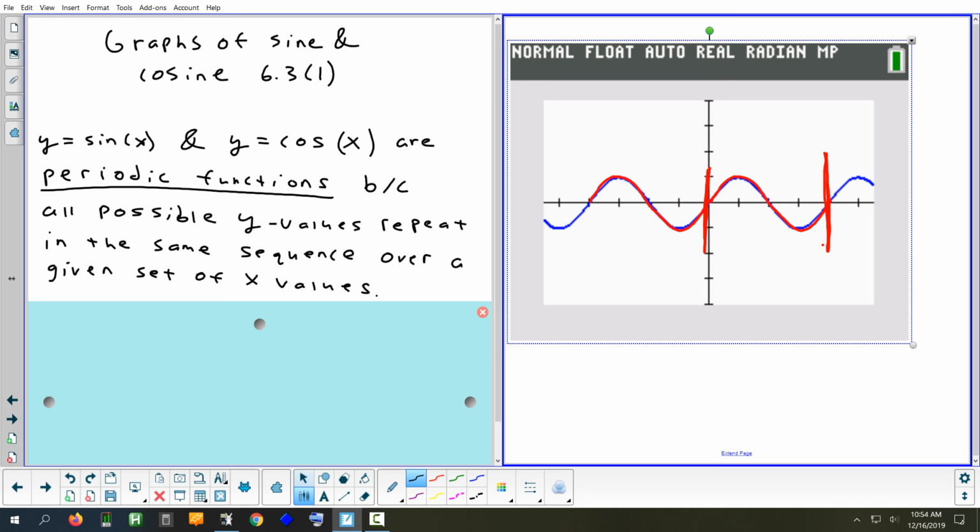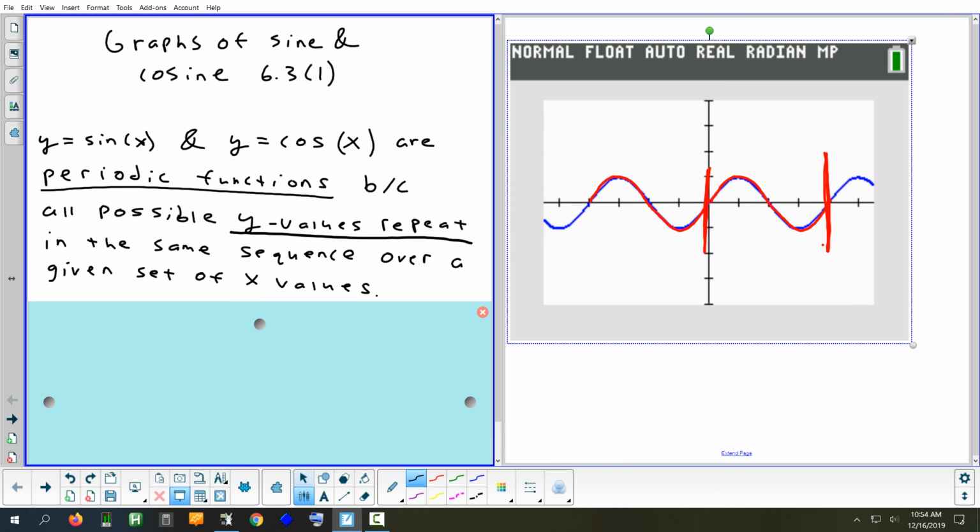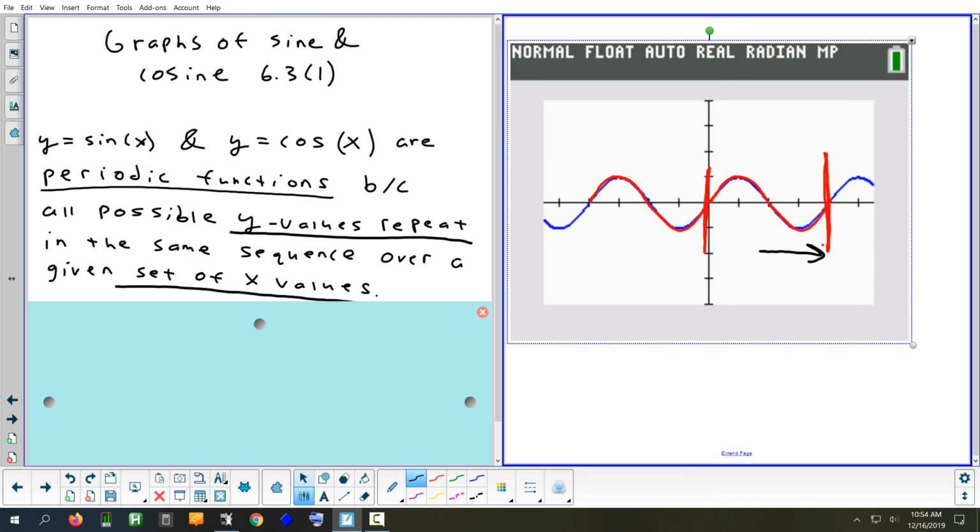So when I'm saying the y values repeat over a set of x values, this is the set of x values from here to there. If you go through that many x values on the graph, which looks like it's about 4 tick marks, 1, 2, 3, 4, if you go through that many, your graph will repeat itself again.